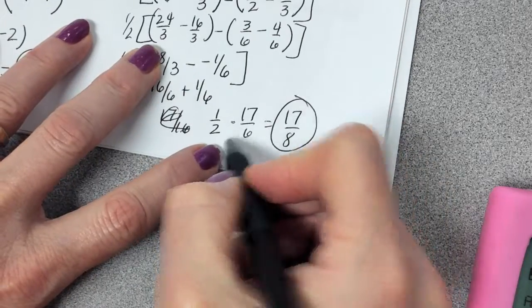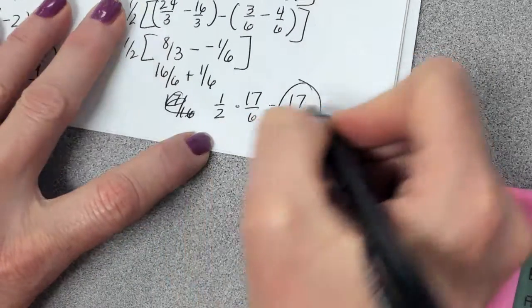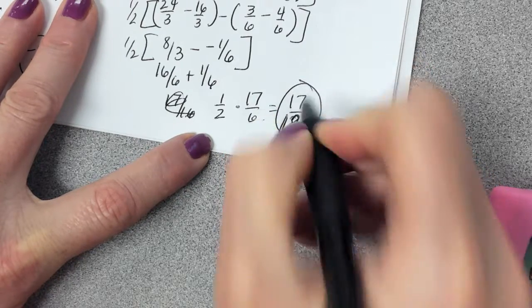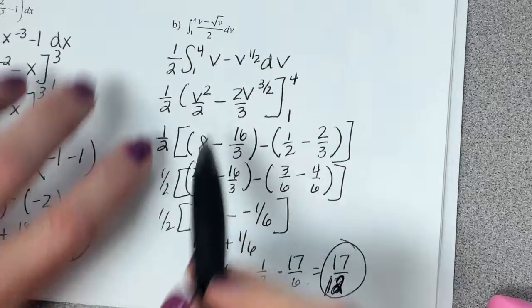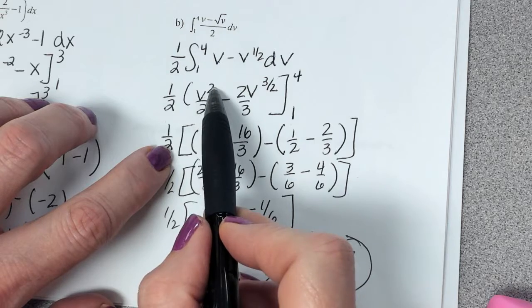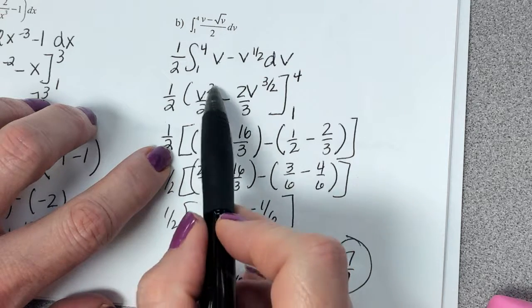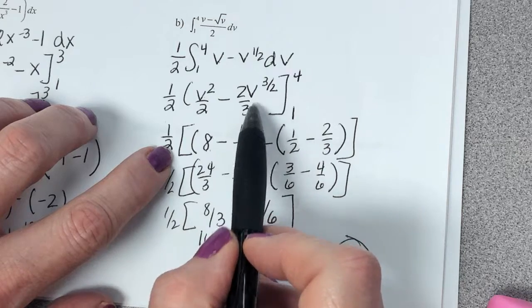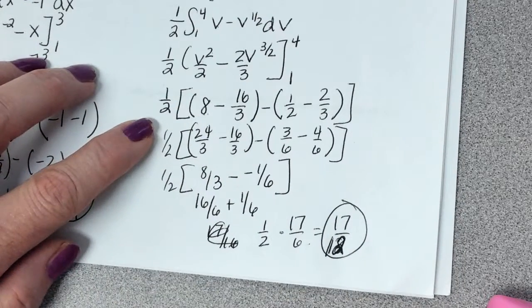Oh, this is 17 over 12. 2 times 6 is 12. 17/12. But that's still not right. Does anybody see the mistake here? All right. Well, I'll find the mistake there with the math.